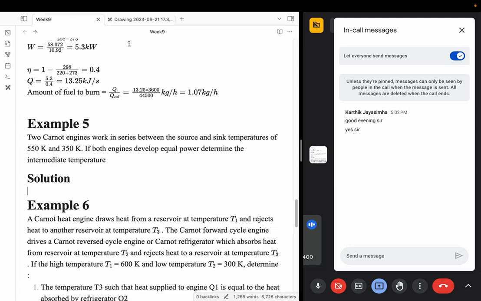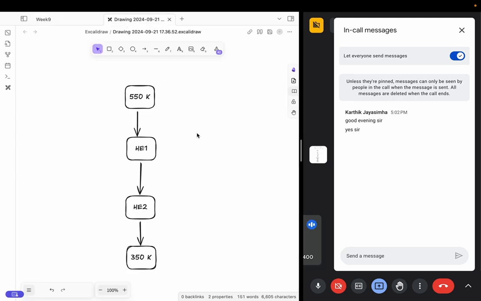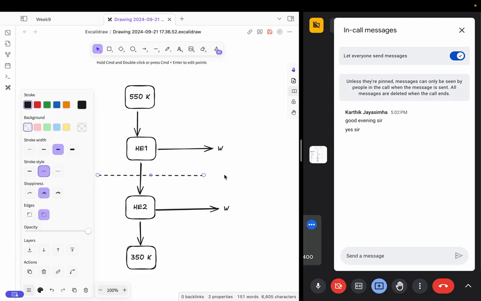If both engines develop equal power, so it is given already that the amount of power generated from here, let's say W, is the same for both the engines. So this heat engine also gives the same amount of power W. So what should be the temperature of, let's say here you have a sink, so maybe I'll put another sink.